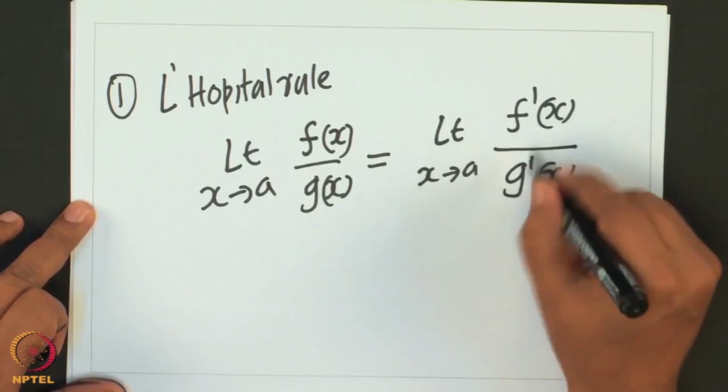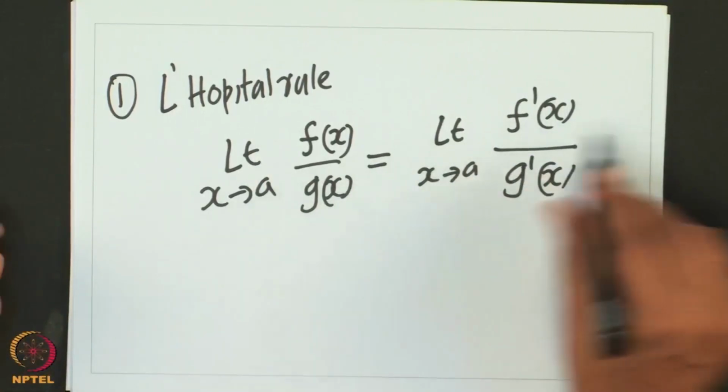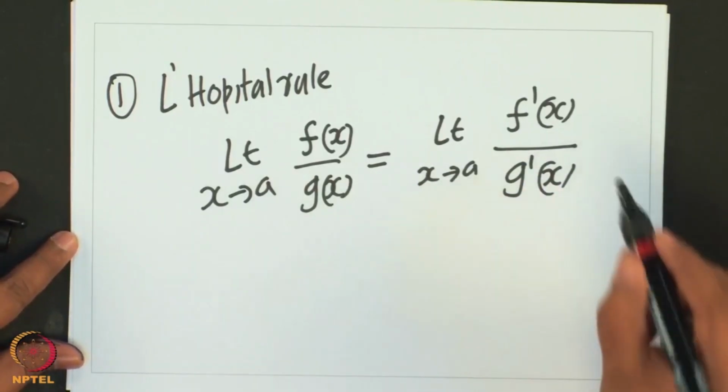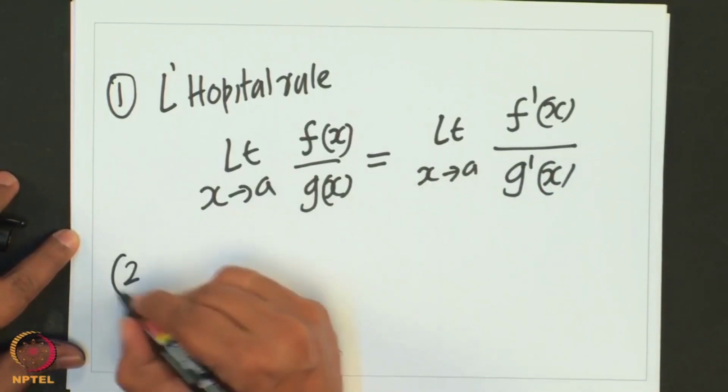So you take 2 derivatives and then you apply the limit. This holds whenever these are 0 by 0 or infinity by infinity. That is the first thing we said.